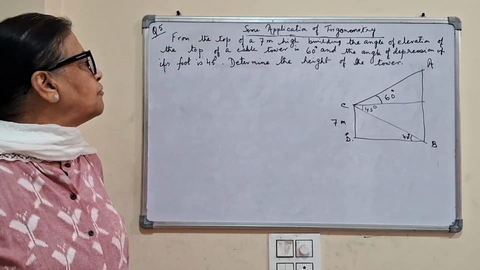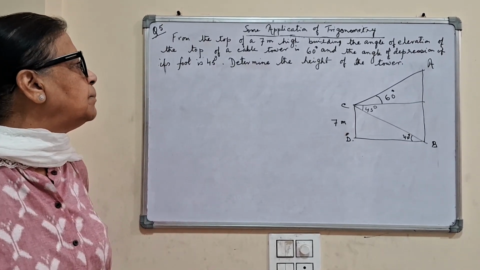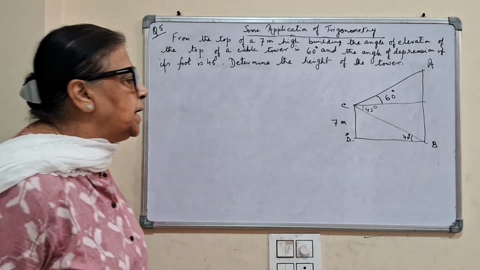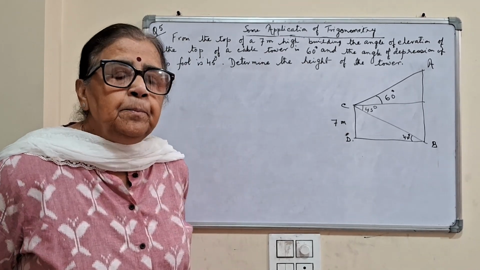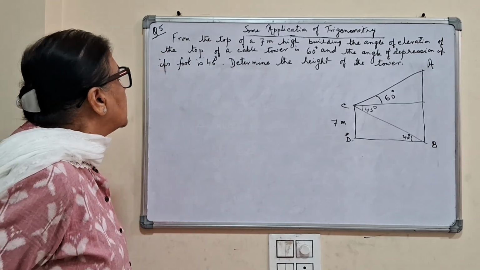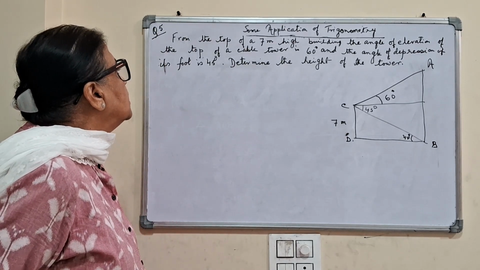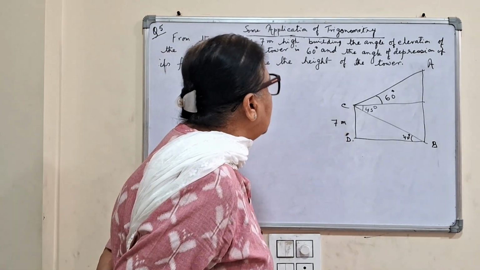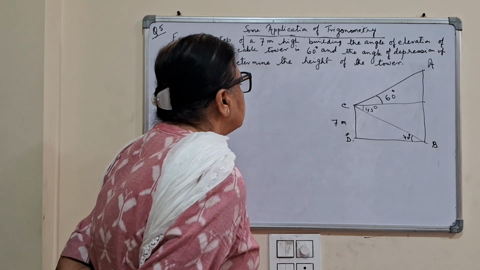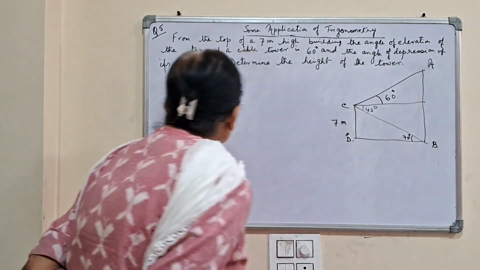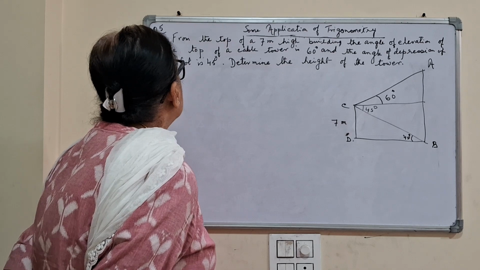Question number 5. From the top of a 7-meter high building, the angle of elevation of the top of a cable tower is 60 degrees and the angle of depression of its foot is 45 degrees.